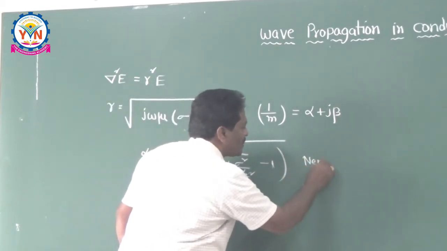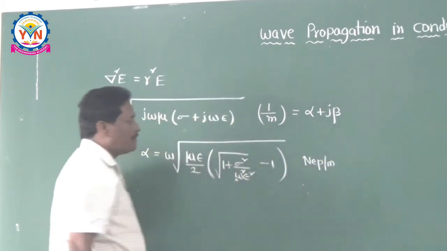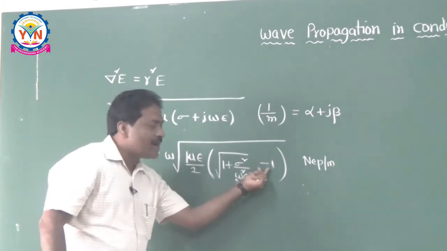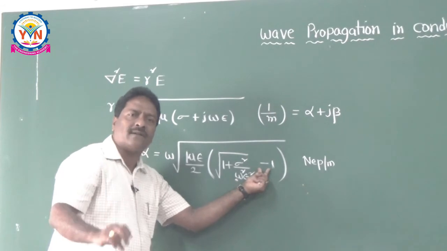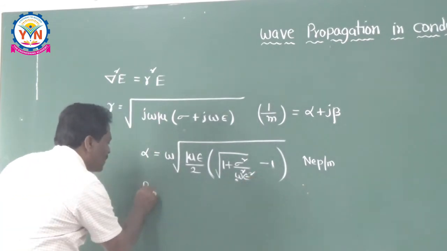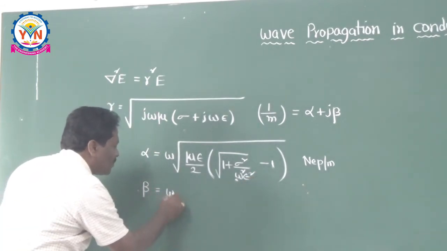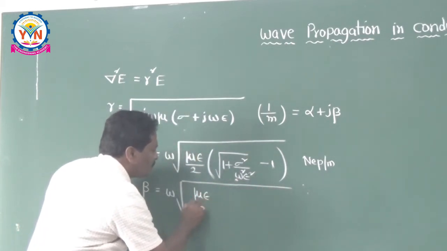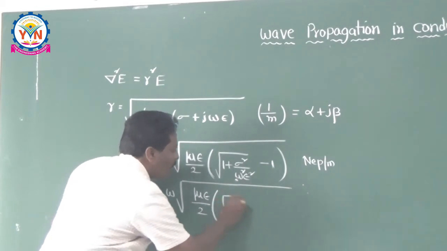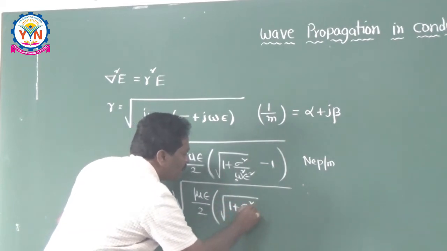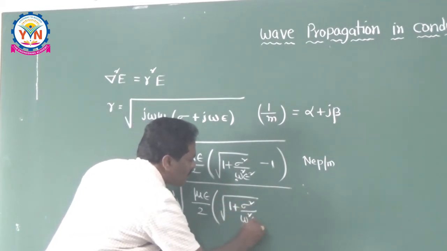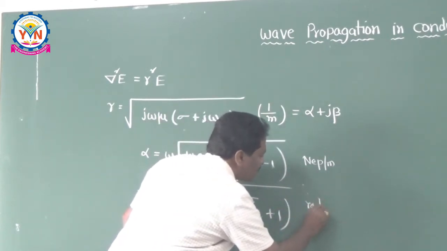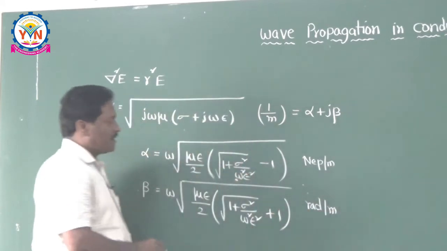Nepers per meter. Remember friends, units are very important. Coming to beta, the only change is that instead of minus 1, you write plus 1. So beta, the phase shift constant, is equal to omega root mu epsilon by 2 into root of 1 plus sigma square by omega square epsilon square plus 1, in radians per meter.